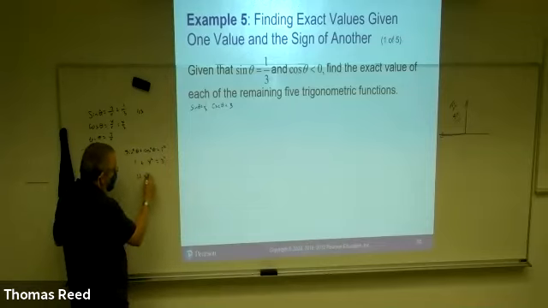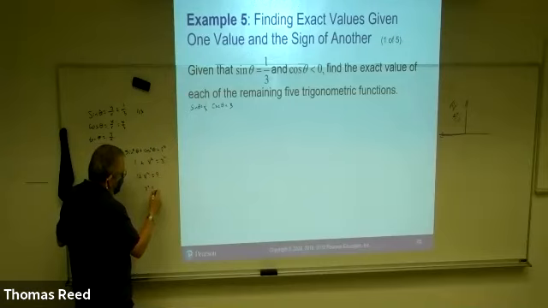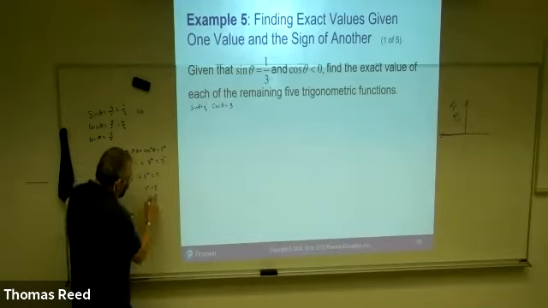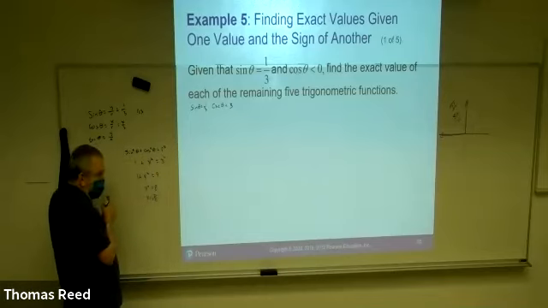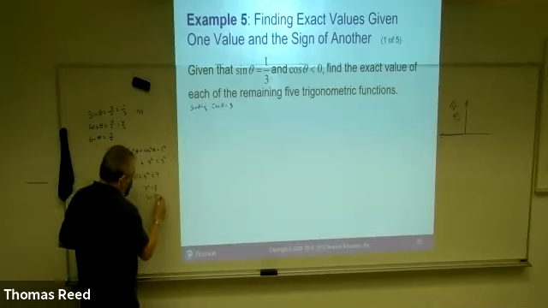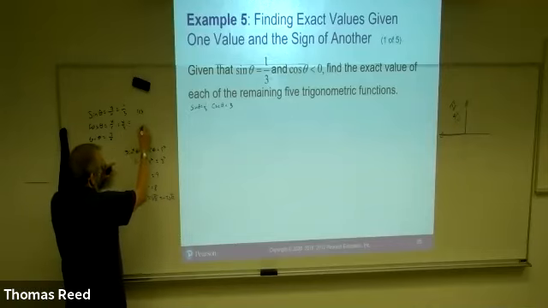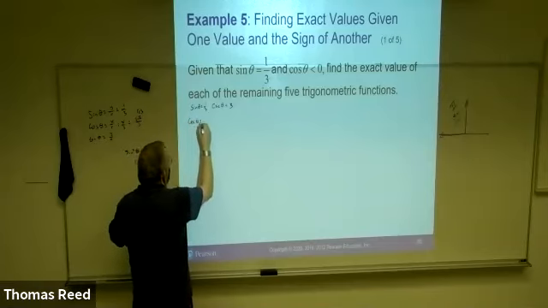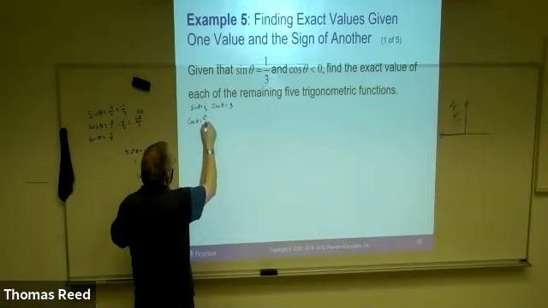So 1 plus x squared equals 9, or x squared equals 8, or x equals the square root of 8. All right, but since cosine is negative, we're going to have the negative square root of 8. And I need to simplify the square root of 8, which is 2 times the square root of 2. So now this is going to be negative 2 square root of 2 over 3. So now I have my cosine theta equals negative 2 square root of 2 over 3.